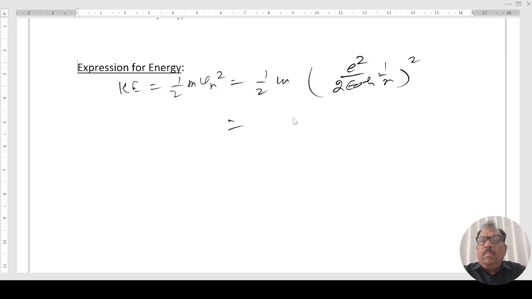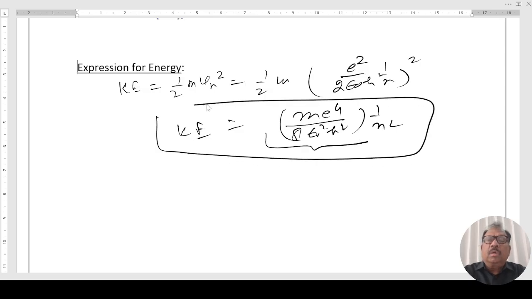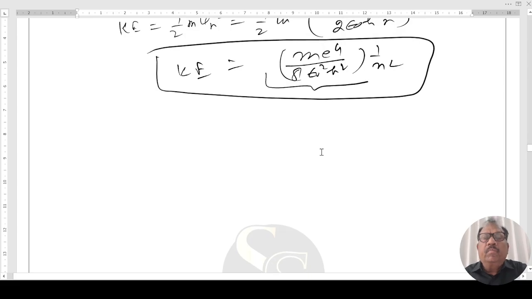This comes out to be m e^4 upon 8 epsilon naught square h square into 1 by n square. This is kinetic energy. Right?